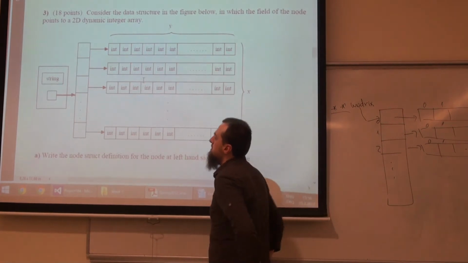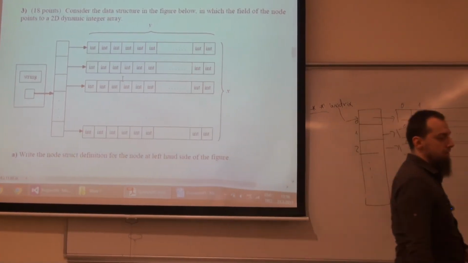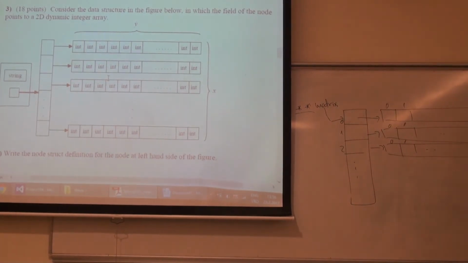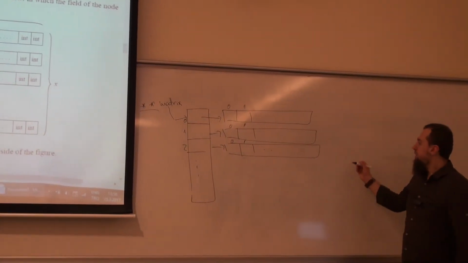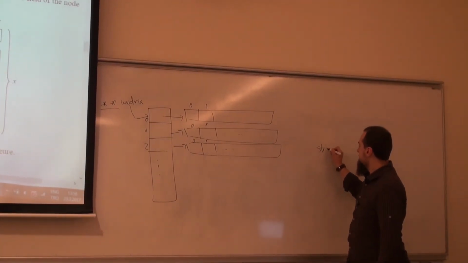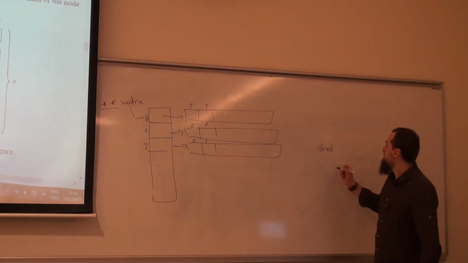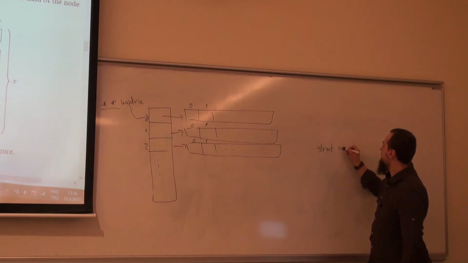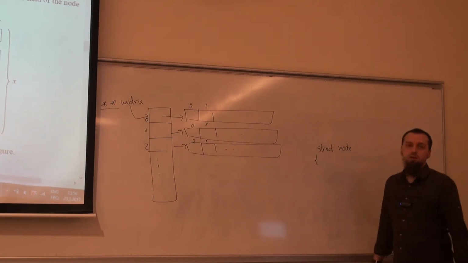Let's say the name of this pointer here is matrix. Not the movie, but the pointer to the pointer. So, we have struct. This is a structure. Let's give this structure a name. Let's call it node. What do we have inside?